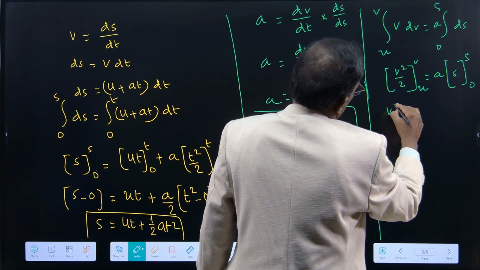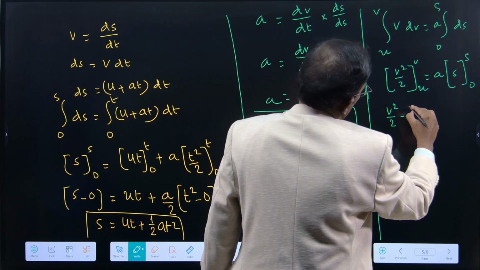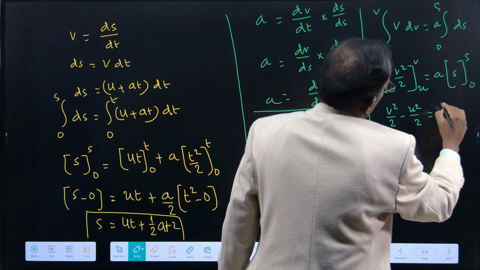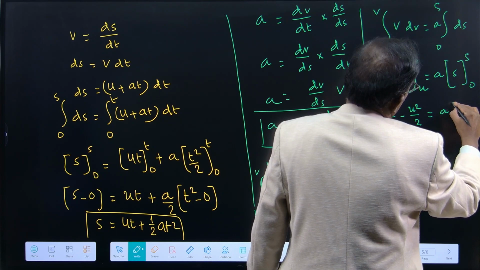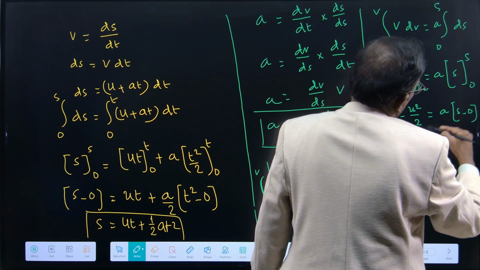So this is v square by 2 minus u square by 2 is equal to a times s minus 0.